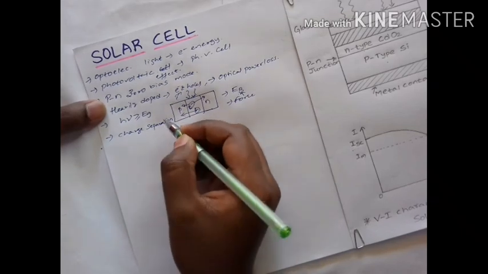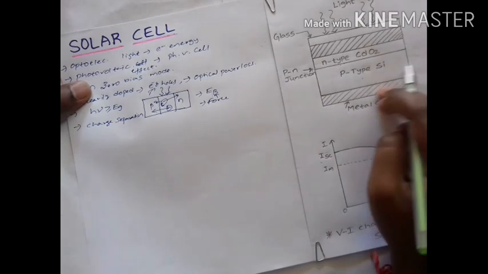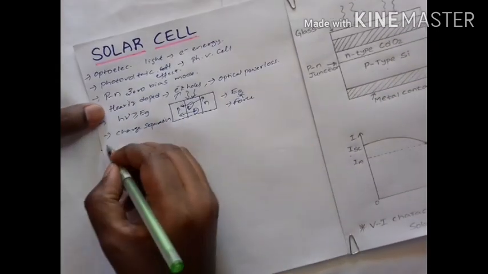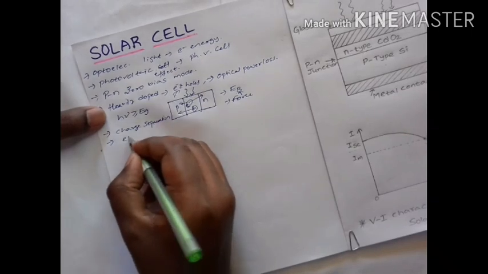Due to this charge separation, a very high number of charges form on the two metal plates, and this charge separation generates the electric current.